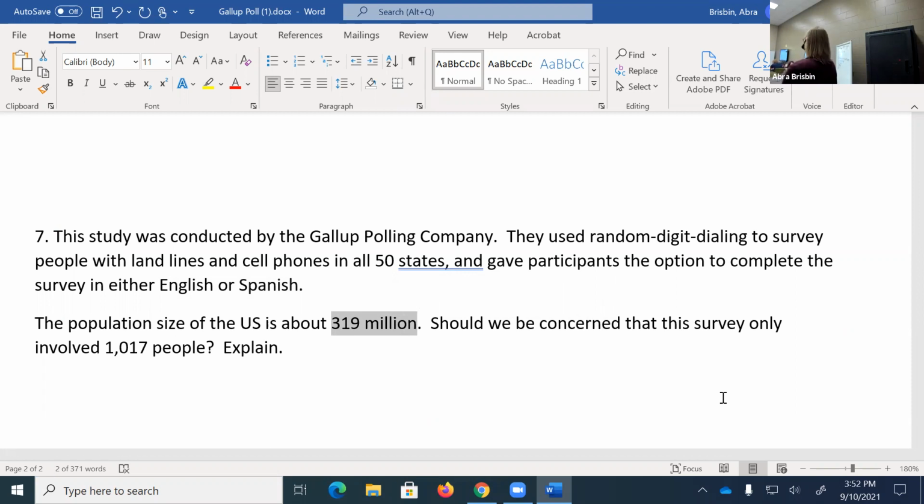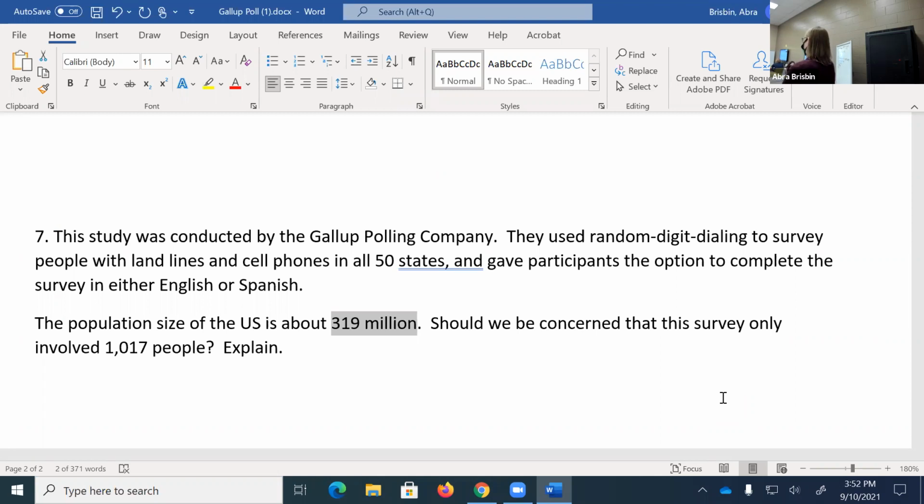Questions about this? Jake: So let's just say the US population is 2 billion. Would 1,000 still be fine with that? Yeah, if it's still 50 states and everything else the same other than more people. The population size is actually not that relevant.